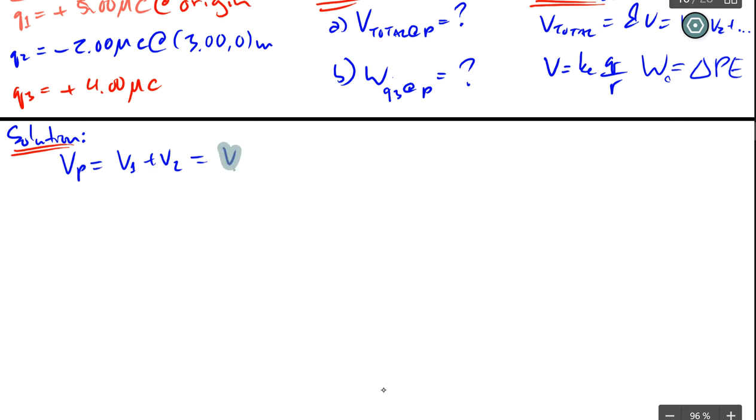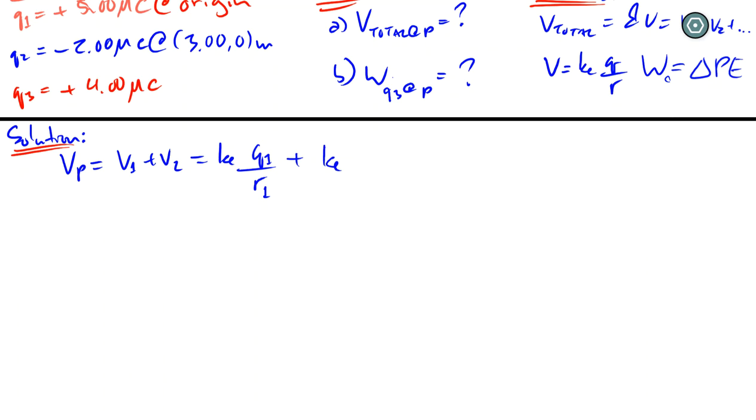Actually, I need to spell that out now: Q1 over R1, and I realize now we will need the Pythagorean theorem. Can't get away from that, huh?